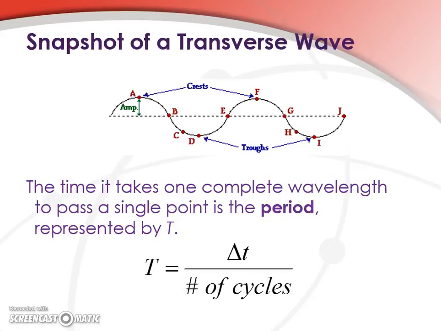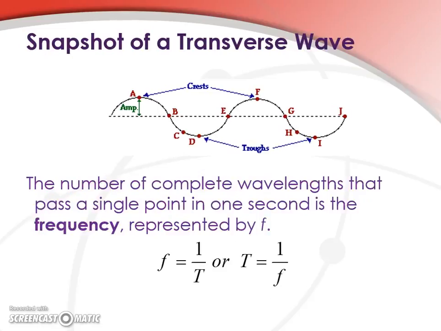And then we can do a quick calculation. We can say that the time required for a given number of cycles is our period, and measure that in seconds. However, rather than describing the period of a wave, we'll often talk about the frequency.